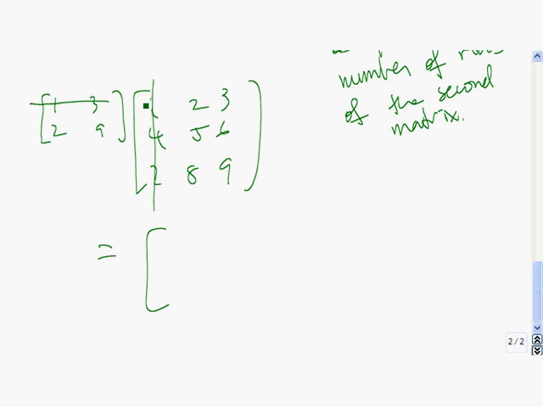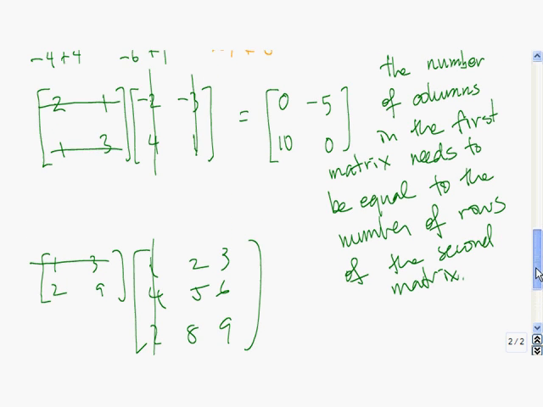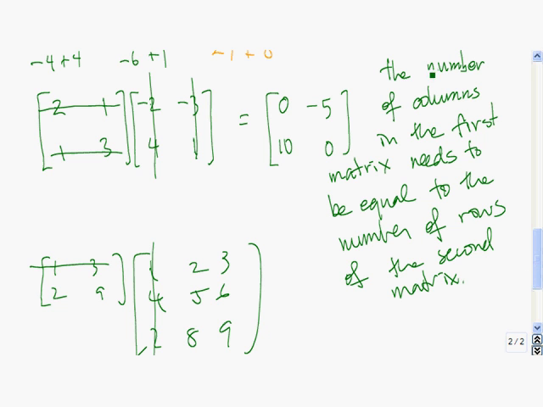So that's 1 times 1 plus 3 times 4, but we don't have anything to go with this 7. We would need another column here in the first matrix. So that's why, in order for multiplication to be defined, the number of columns in the first matrix must be equal to the number of rows in the second matrix.